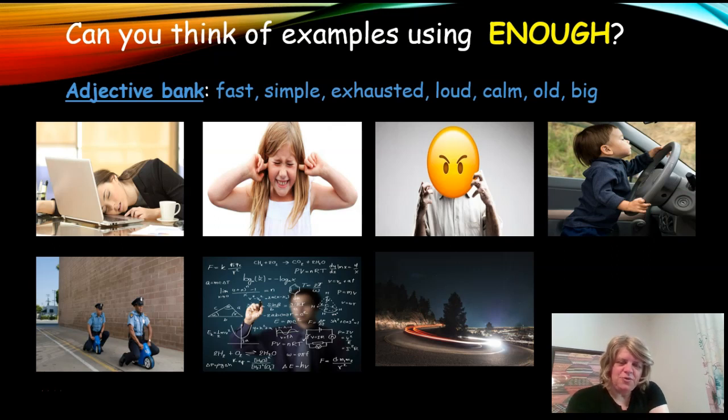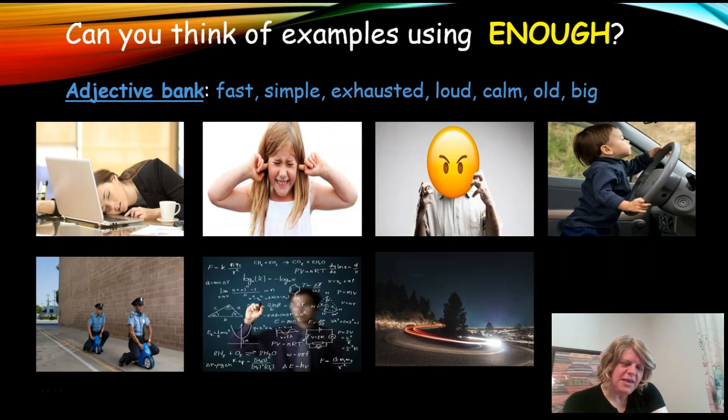What about the next picture? Here we can use big, but can we say the police officers are not big enough? Then we would change the meaning, right? So how can we use big in this case? We can say the bikes are not big enough for adults. For the next sentence, we can use simple. Remember in the other sentence we had this problem is too complicated for me.